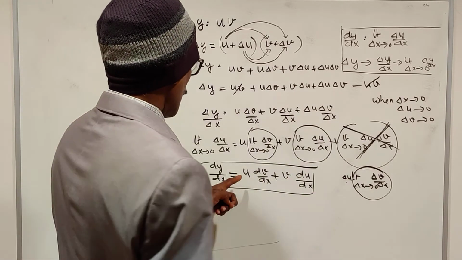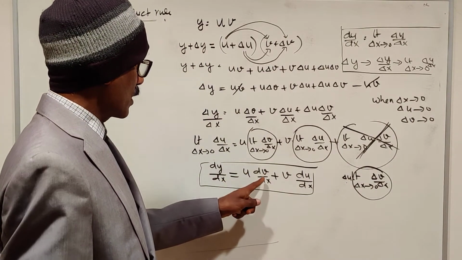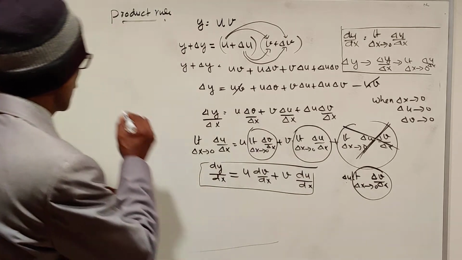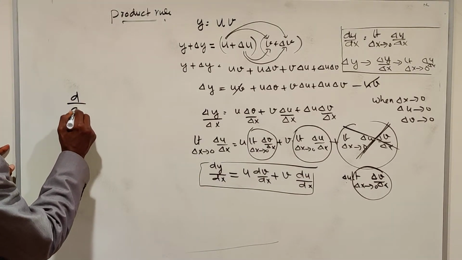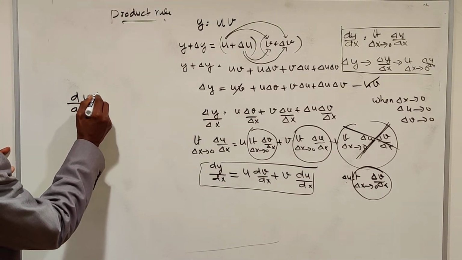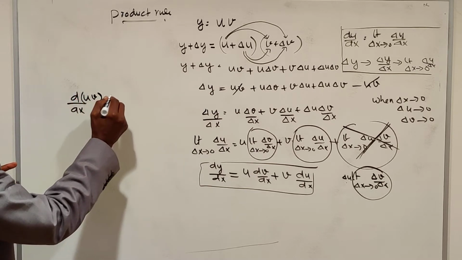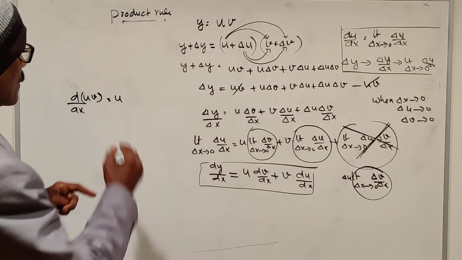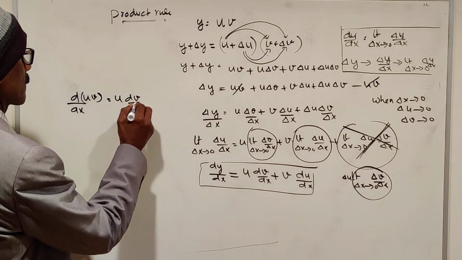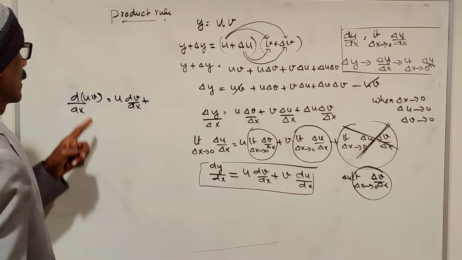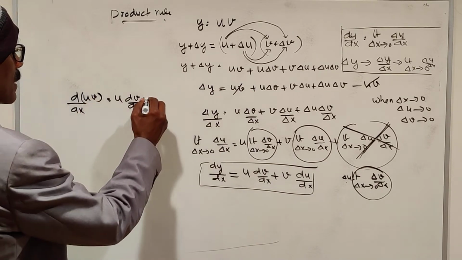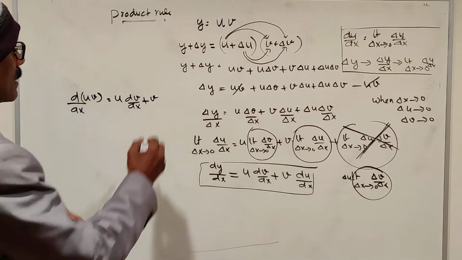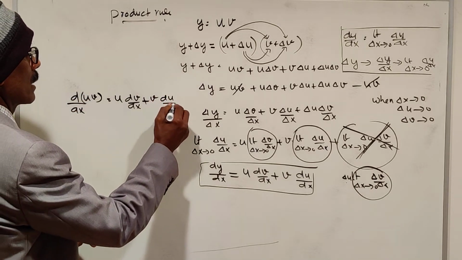This is the product rule: first function into derivative of second plus second function into derivative of first. d by dx of uv equals first function u, you don't differentiate it, times dv by dx, plus second function v, you don't differentiate it, times du by dx.